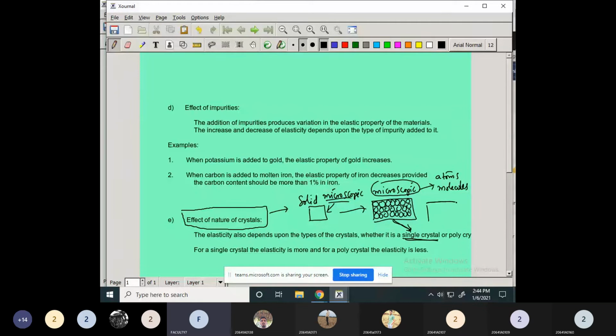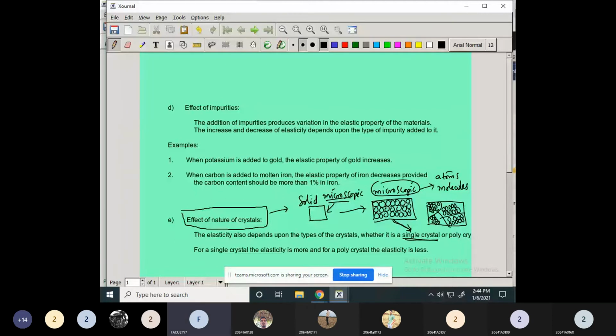Suppose a solid is there, and it is having certain small regions like this, and here the atoms will be somewhat like this in this small region, and here the atoms are like this, and in this region, some other direction, some changes are there, they are randomly oriented, and here some other direction, somewhat like this.